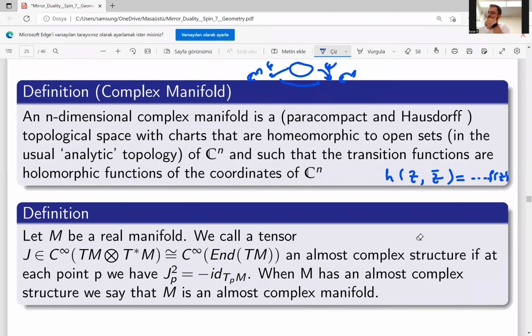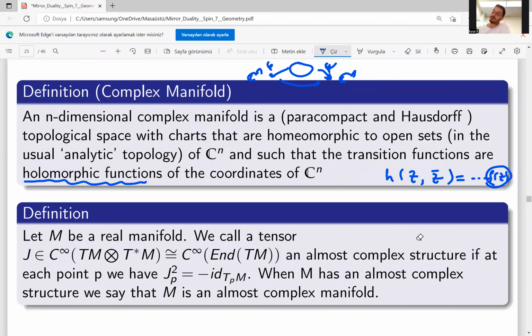Or you can enlarge your dimension: z1, z2, up to zn, and z1 bar, z2 bar, up to zn bar. If your function is holomorphic, everything has to depend only on z1 to zn, so there is no z bar. The holomorphic function is defined with respect to only z, not z bar anywhere.